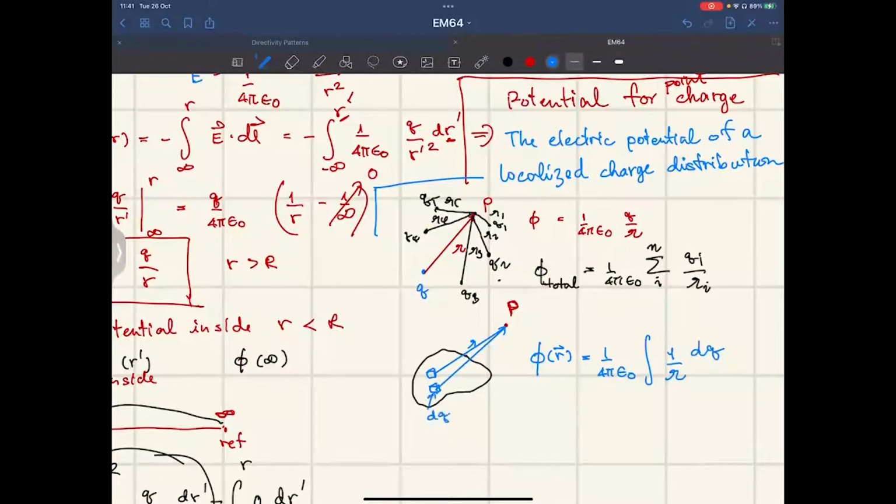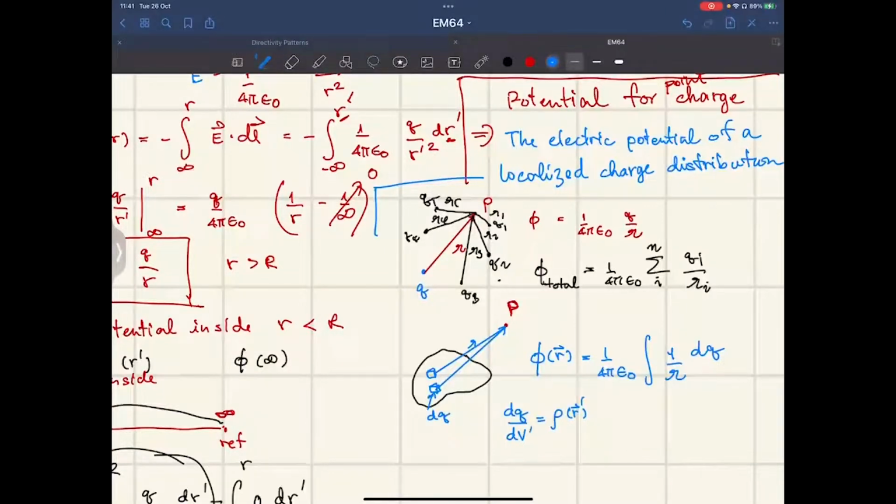So we have to do the integration for the whole volume of this object. And we know that if we have a three-dimensional object here, the charge density dq divided by dv equals rho.